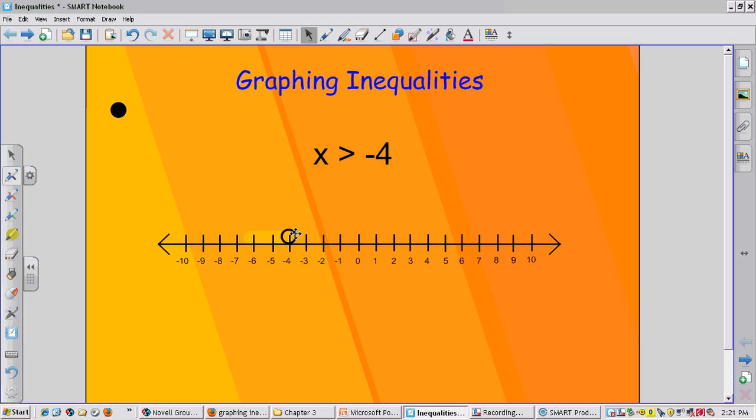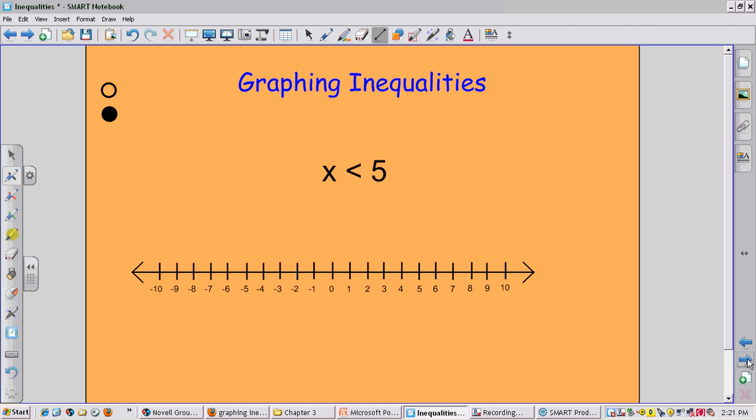We're showing everything greater than -4, but not including -4, and that's why we leave it open. So we draw a line to shade in, and at the end of it, we draw an arrow. That would be a nice looking graph for x is greater than -4, showing everything greater than -4, -2, -1, whatever.